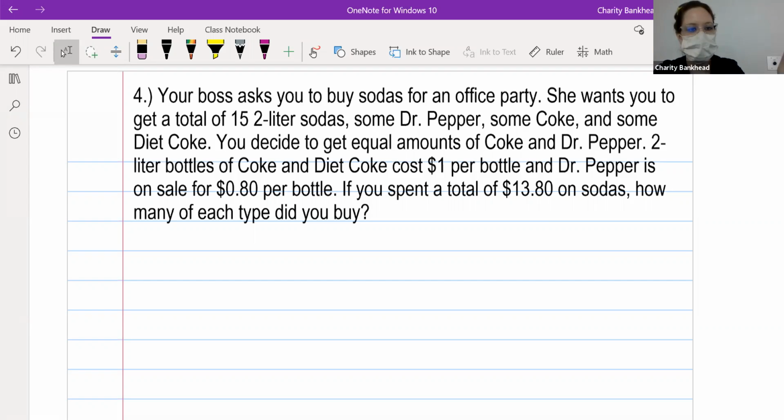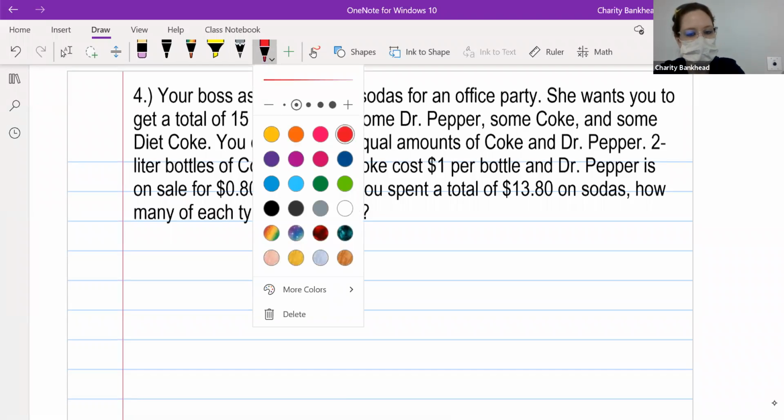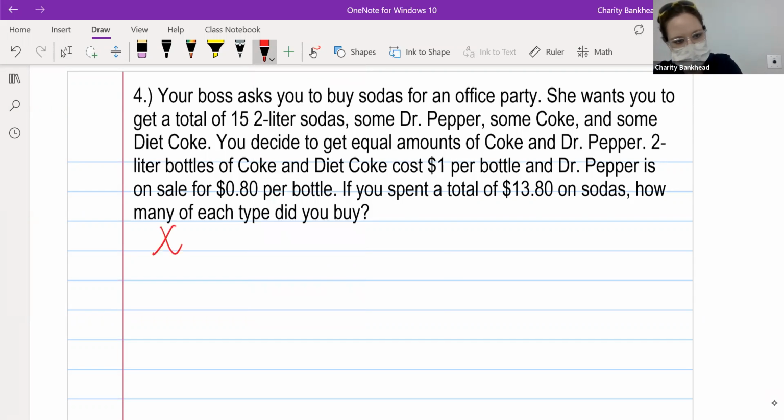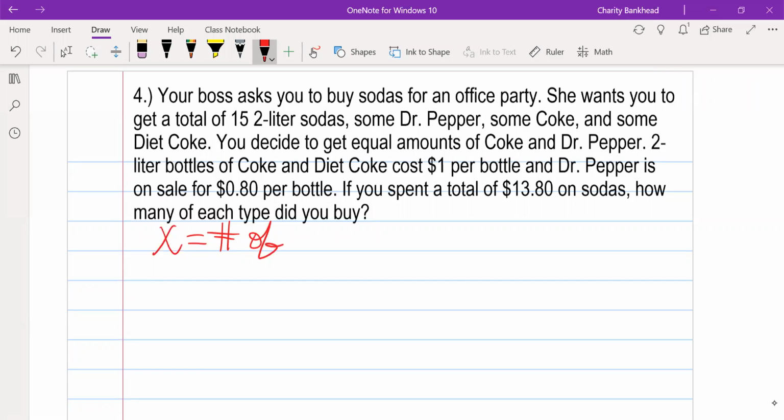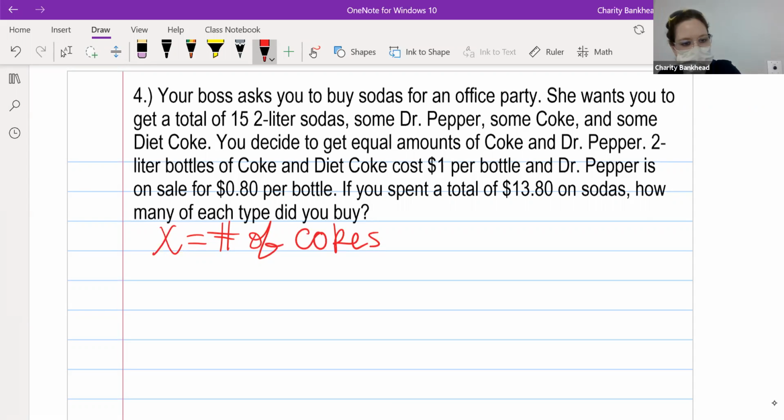Okay, so let's start by saying that X could represent the number of Cokes. Then I also want to use X to write down an expression for number of Dr. Peppers and number of Diet Cokes.